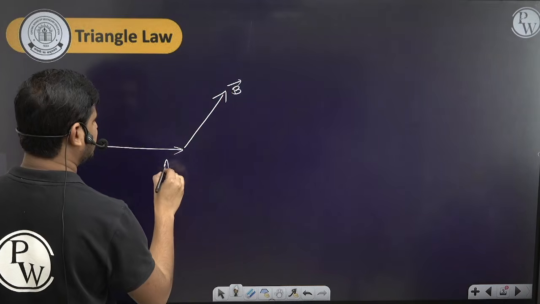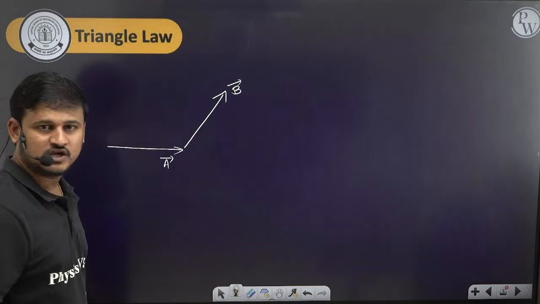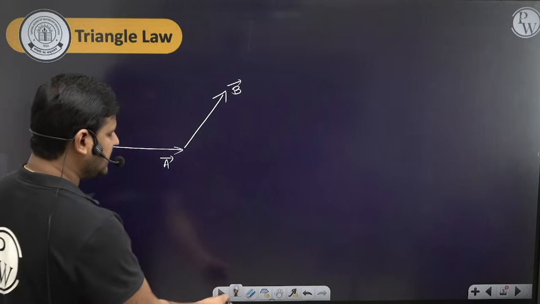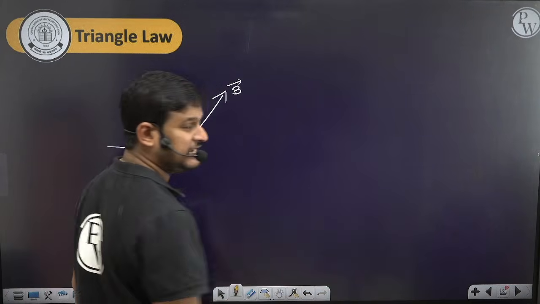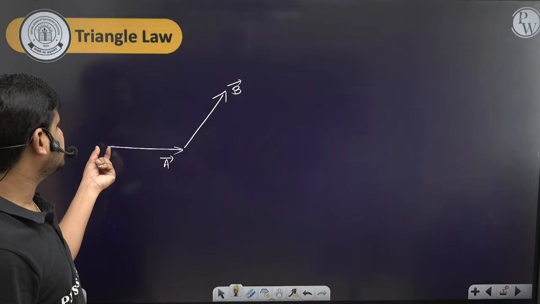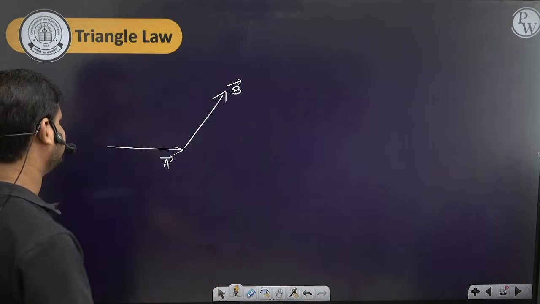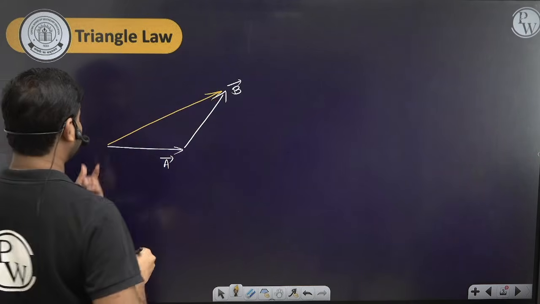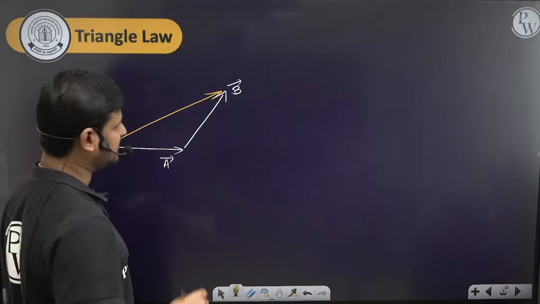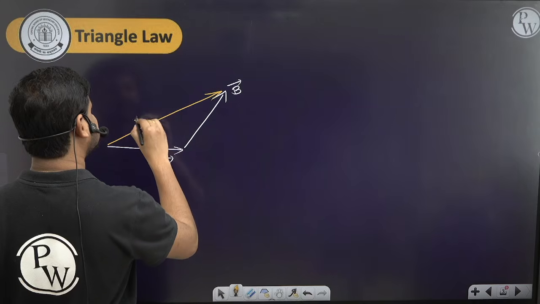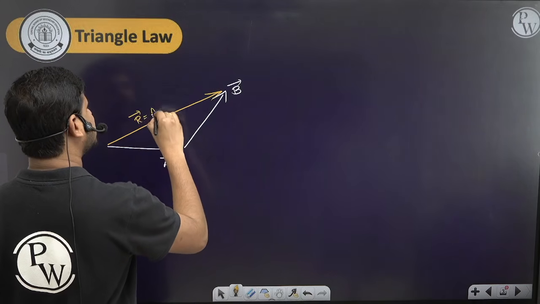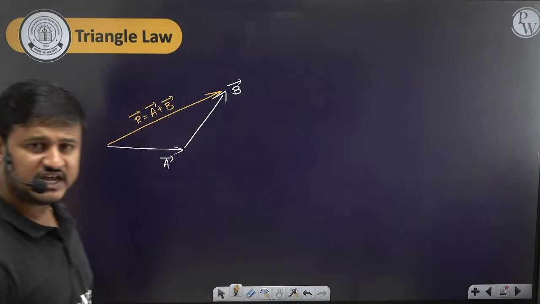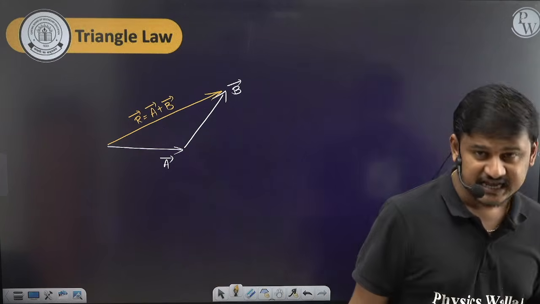This is vector A and this is vector B. When two vectors are taken in the same direction, the resultant is obtained by connecting the tail of the first vector to the head of the second vector, in the opposite direction. So this is the resultant, and it gives the vector A plus vector B. Clear? Understood this part?